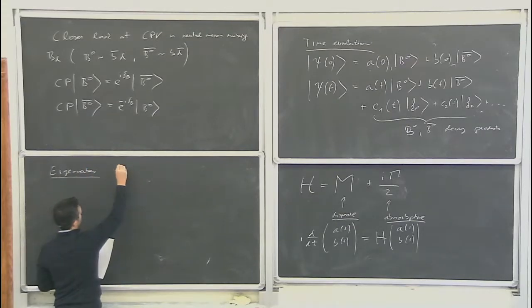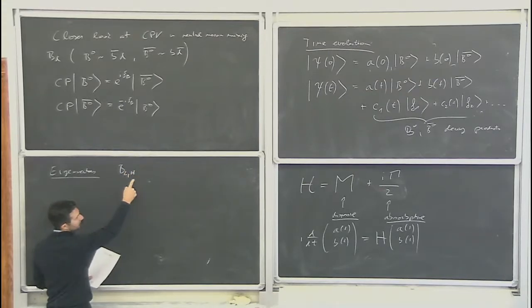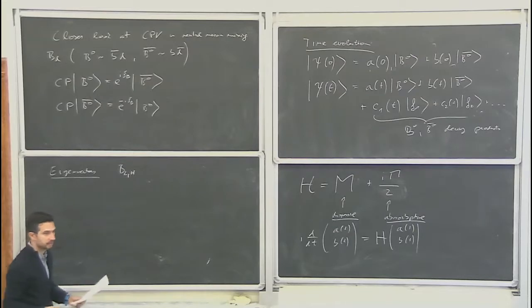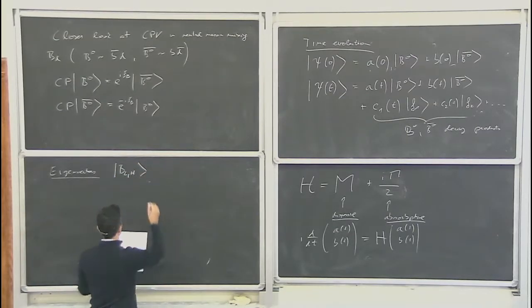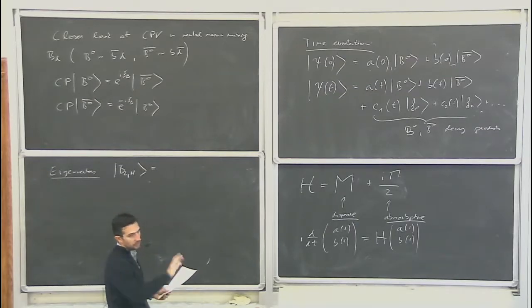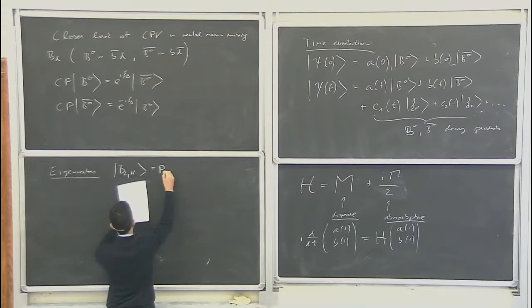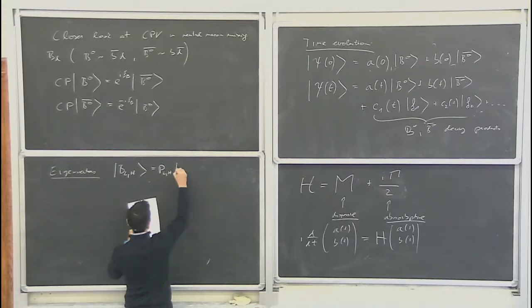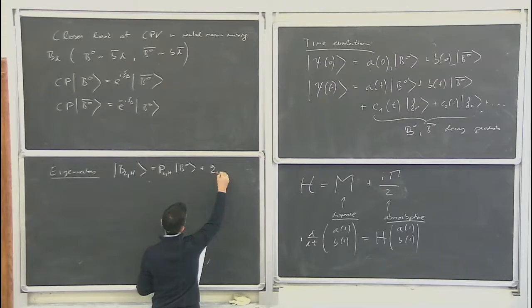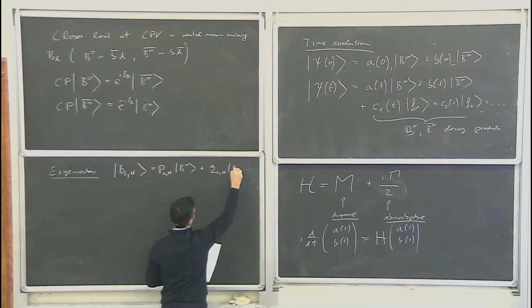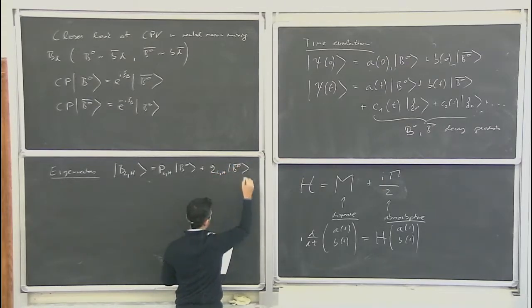And I will denote the eigenvectors as B_L and B_H, the light and heavy mass eigenstates of the Hamiltonian, both of which are a linear combination of the flavour eigenstates. So I can write this as some p_{L,H} of B naught plus some q_{L,H} of B naught bar.